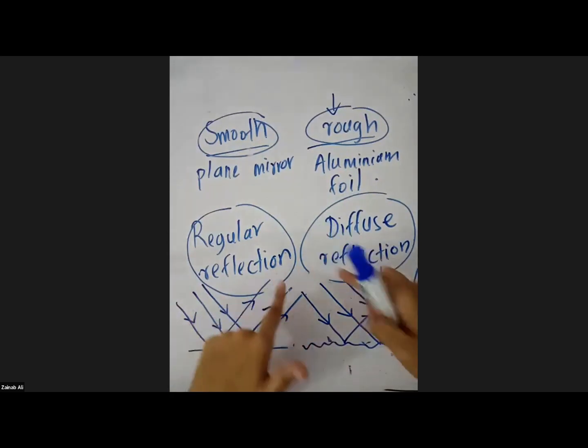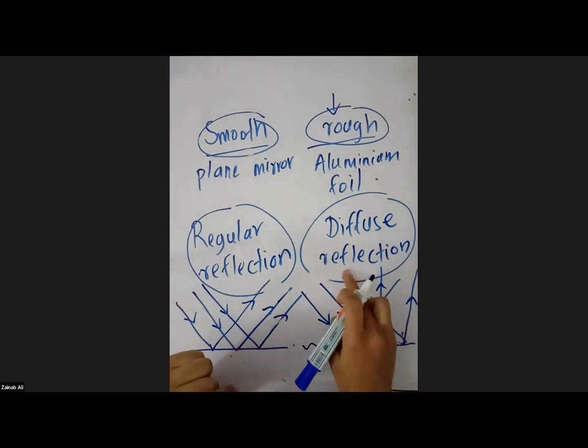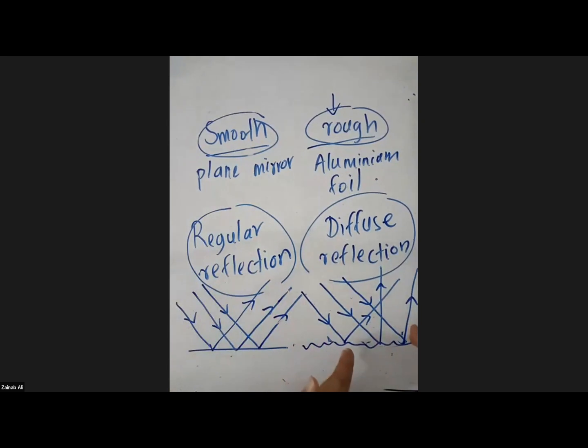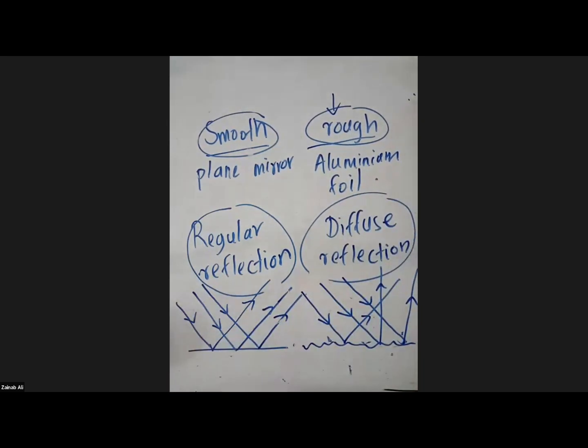So the parallel light rays being reflected in various directions, that you call diffuse reflection. So what is diffuse reflection? The parallel light rays are reflected in various directions.